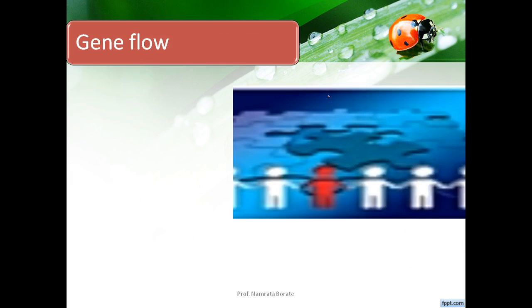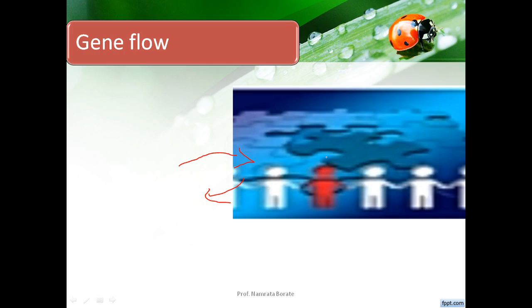The next phenomenon we see is gene flow. Gene flow is the movement of genes into the population or out of the population. The gene movement may be in the form of migration.